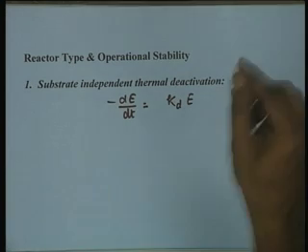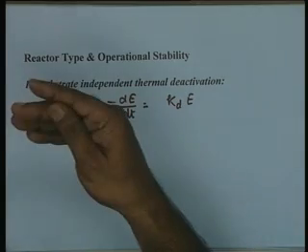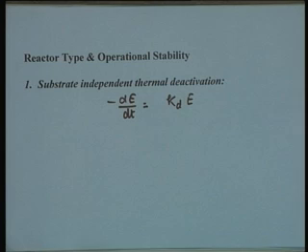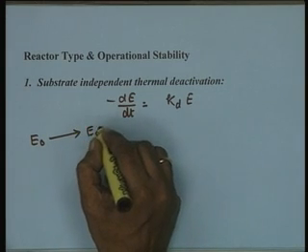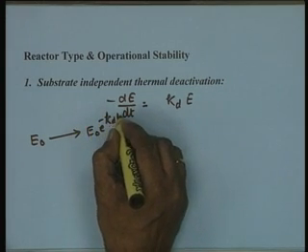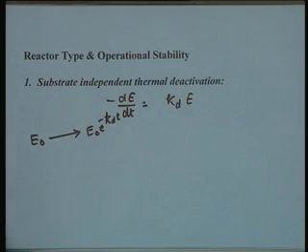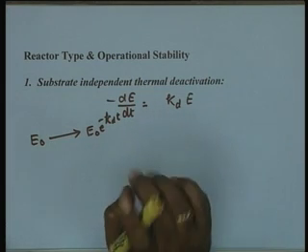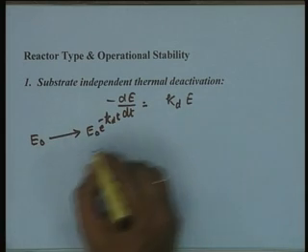If you replace E0 in your idealized reactor performance equation with E0 e to the power minus kd into t, where t is the operational time, you can get the modified reactor performance, or the effect of operational stability on the reactor performance.